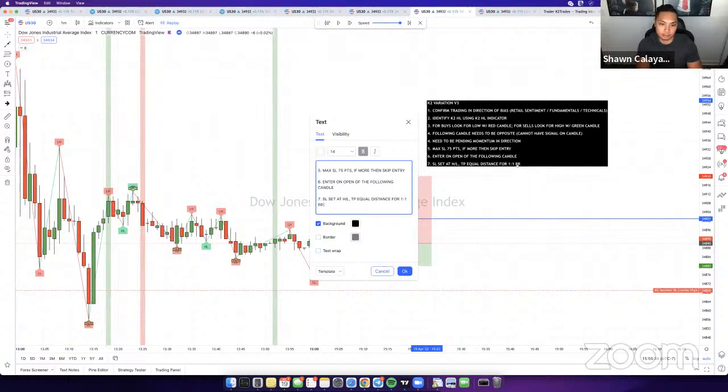Or I'm going to put this here: minimum stop loss of 300 pips on 1 minute. Okay, because this applies to pretty much everything.